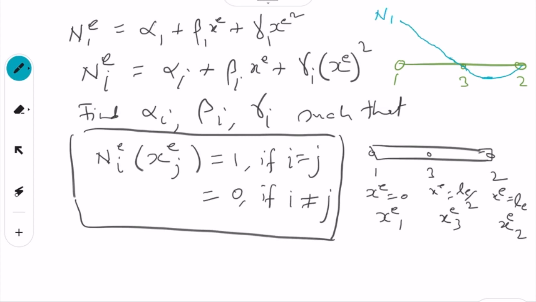n2 similarly has to be 1 at node 2, then 0 at node 3, and 0 again at node 1.